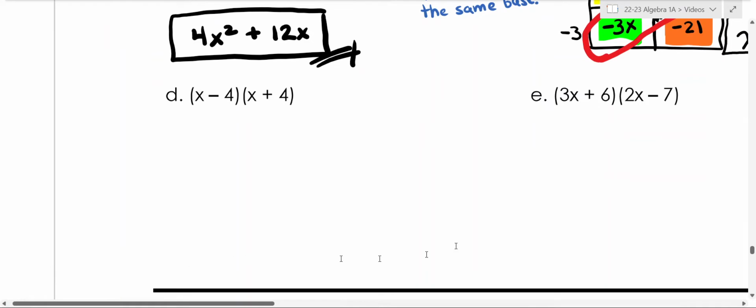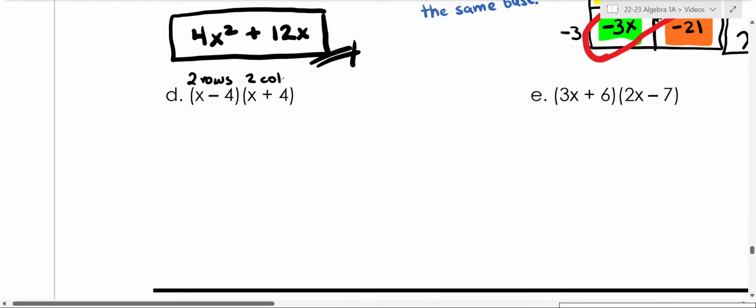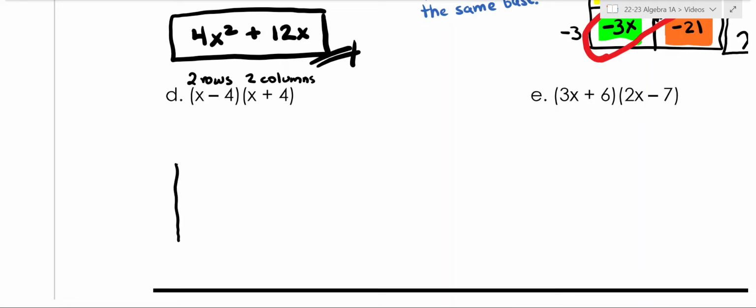Okie dokie. Here's another problem. Quantity x minus 4, I see 2 terms, so that's 2 rows and 2 columns. So here we go, 2 rows, 2 columns. So it's going to look like this.